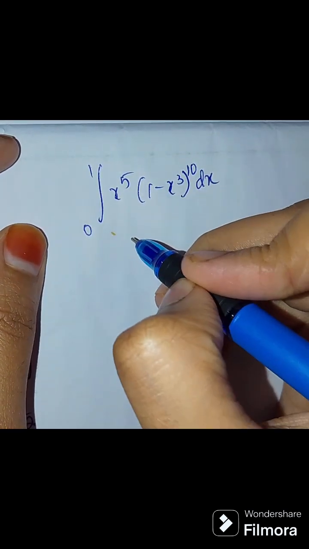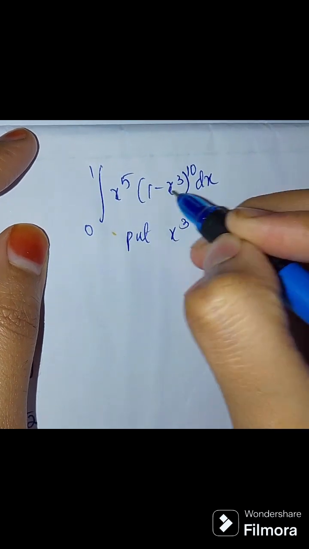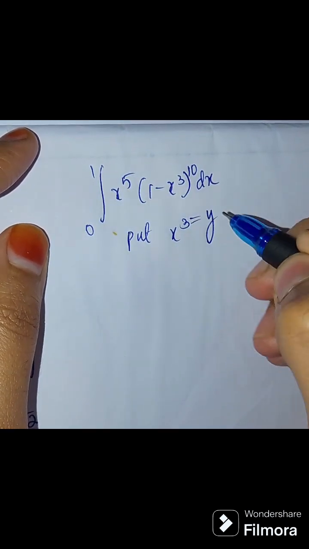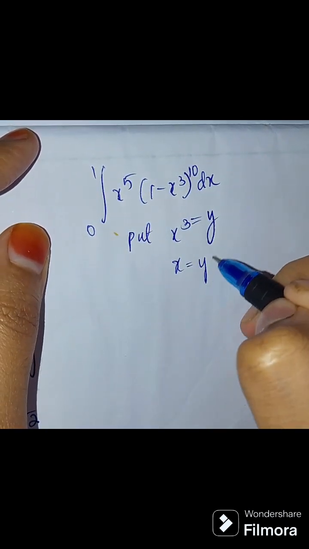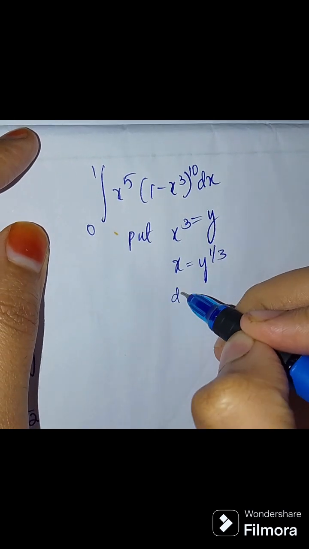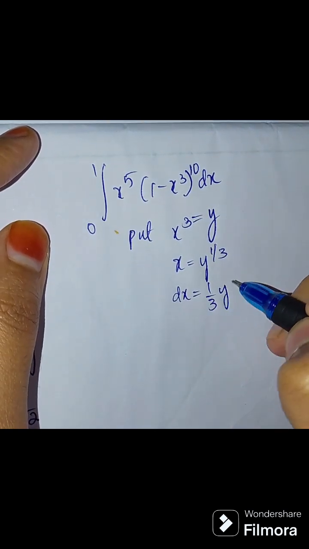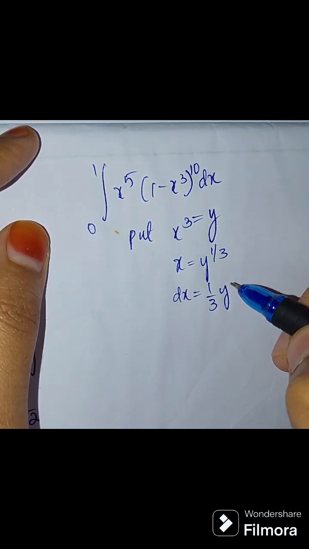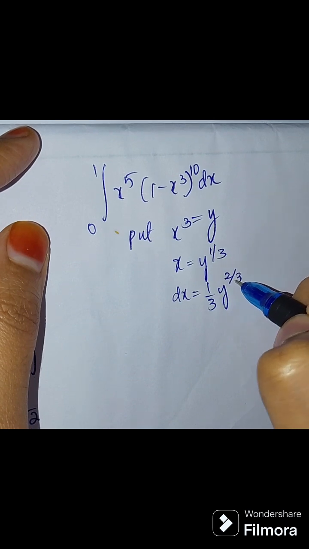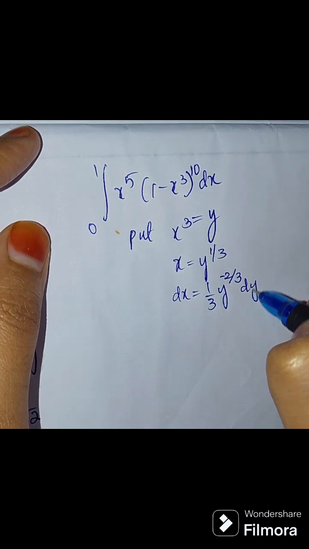Here I'll put x cube as my y. Then x will be y power 1 by 3, then dx will be 1 by 3 y power 1 by 3 minus 1, that is y power minus 2 by 3 dy.